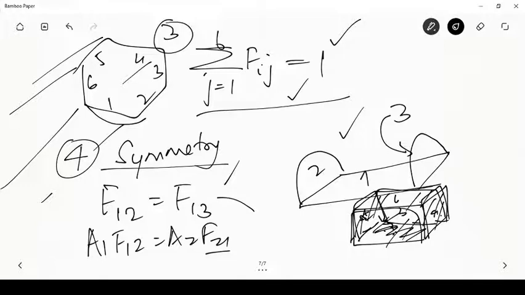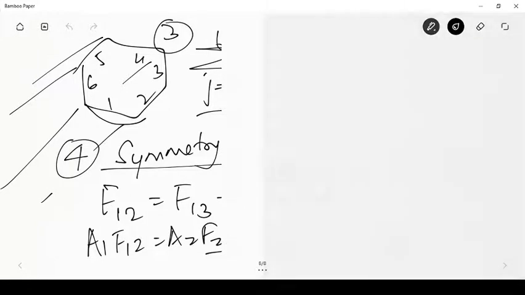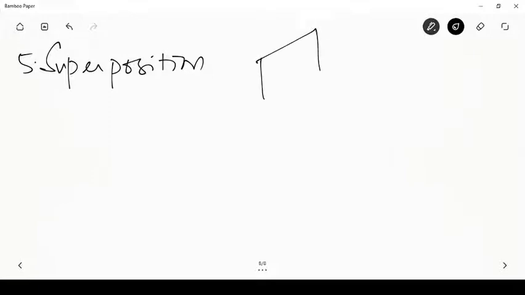The fifth simplification that we use is what we call superposition. Suppose I take a look at two surfaces. Let us say this is surface 1, and let us say this surface is split. So this is 2 and this is 3.